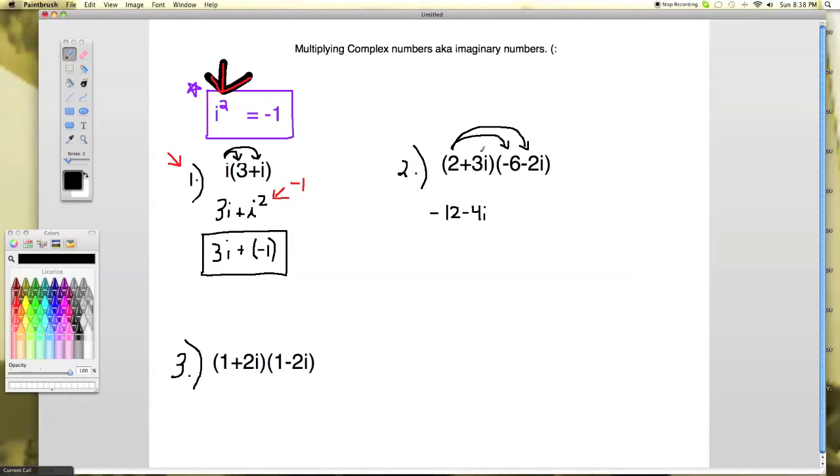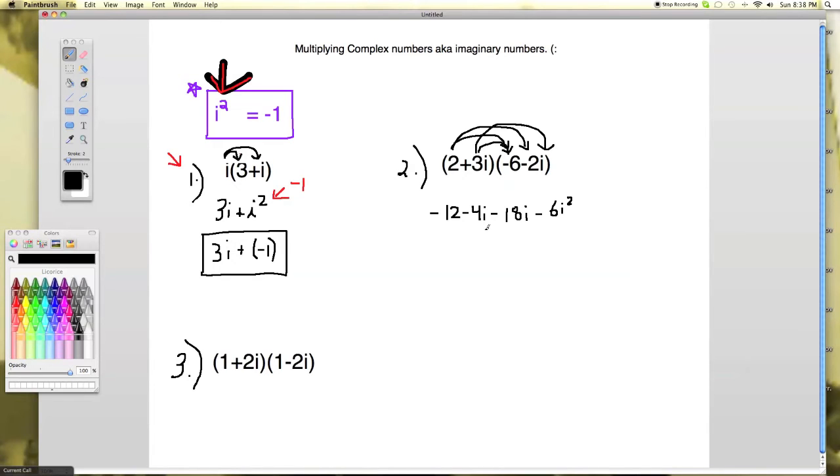And then we do the inner ones, which is going to be 3i times -6, which is -18i. And then 3i times -2i, which is going to be -6i squared, since there are 2 i's.